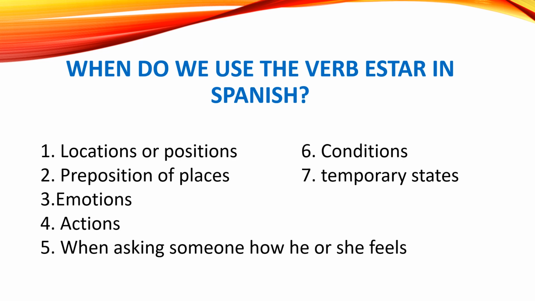When do we use the verb estar in Spanish? Well, that's easy. To talk about locations or positions, prepositions of place, emotions, actions, when asking someone how he or she feels, to talk about conditions and temporary states.